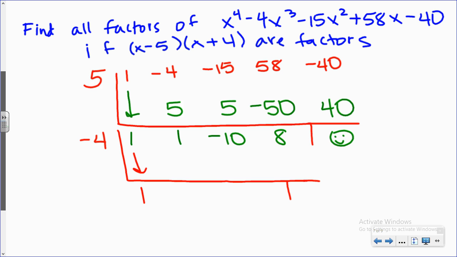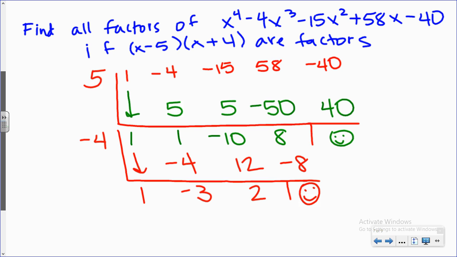Okay, so let's do that. We drop the 1. We have negative 4. Add to negative 3. Multiply to 12. Add to 2. Multiply to negative 8. We got a 0 again.